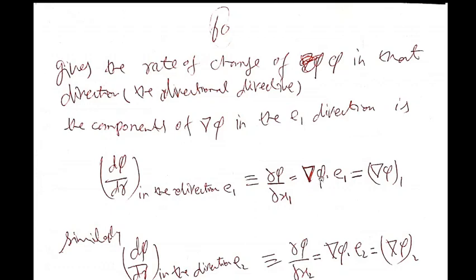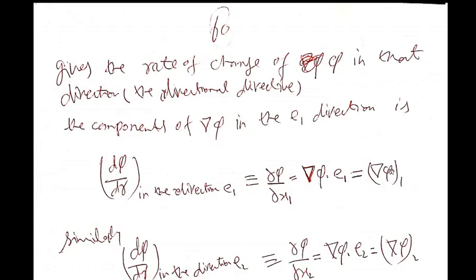The derivative of phi in direction e1 is basically partial phi partial x1. Here we are using partial because phi is a function of three variables, x1, x2 and x3.